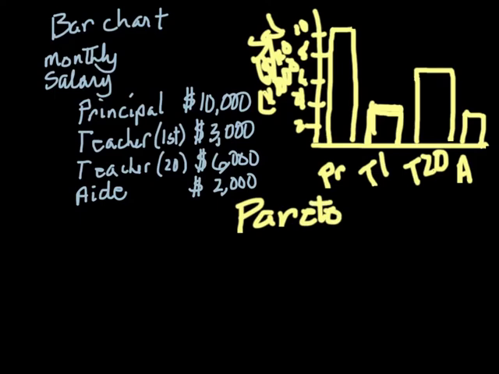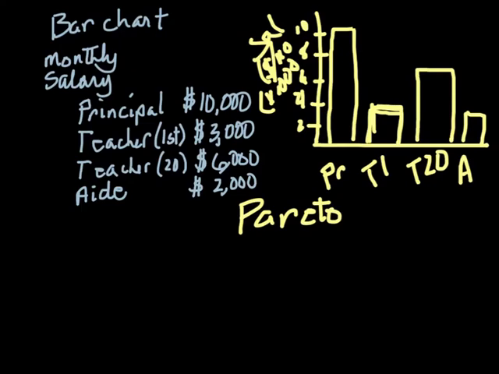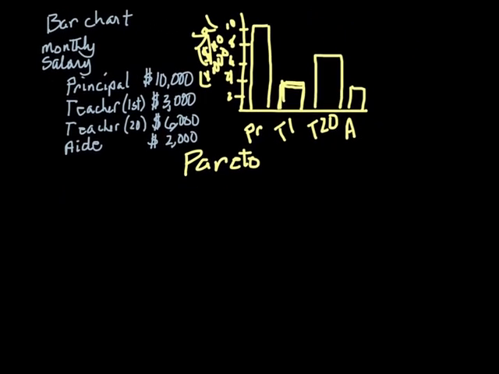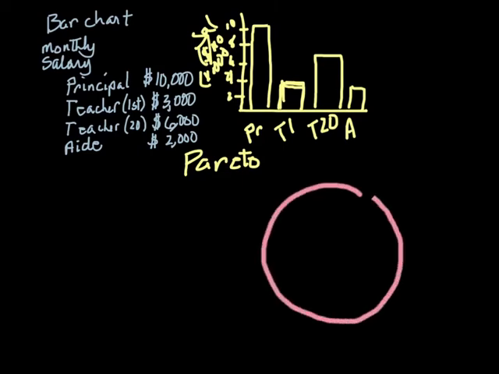Alright, so we're going to take the same data and use it to make a pie chart. Both of these things can be done in the same way. Now in a pie chart, what we need to do is convert these data into degrees on a circle.